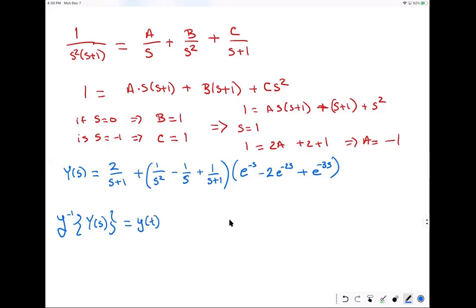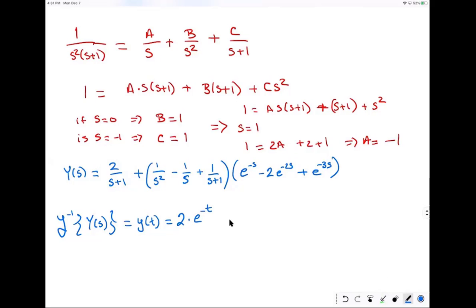So that's 2 times 1 over s plus 1, which from our chart is just 2 times e to the minus t. I forget what number that is on the chart. Let me look. That's number 3, and you just pull out the 2 in front. And then for the rest, you've got the shifting theorem business.